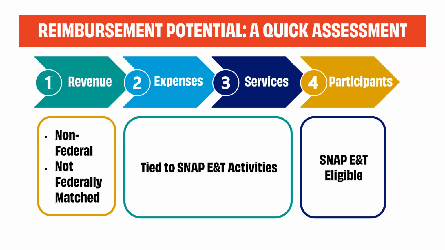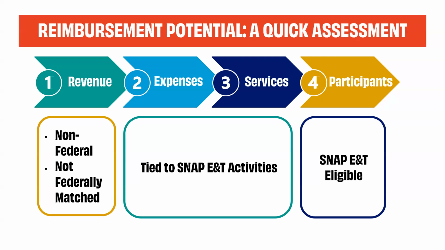That's where we started identifying the right type of participants. We identified the right type of funding, non-federal funding. We worked on understanding the right type of services, and then having the overall staff capacity to do this work, as well as being a good fit within the state context and the state's priorities.